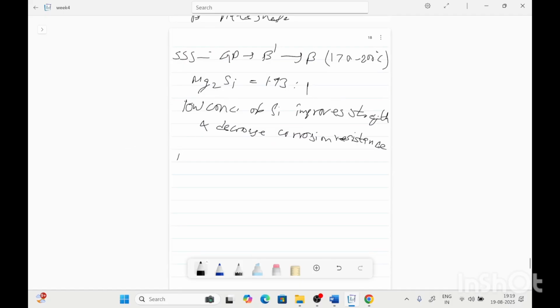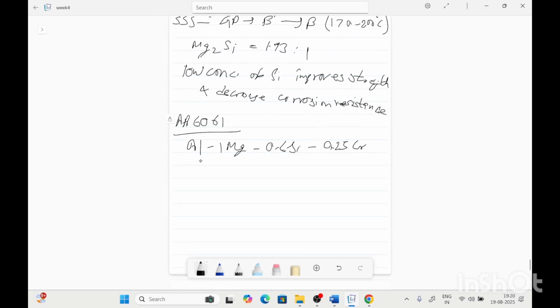Now the 6061 alloy of this same series: aluminum, 1 magnesium, 0.6 silicon, then 0.25 chromium. This alloy is used in the T6 condition and has a yield stress of 275 MPa. In the aluminum copper system, we were able to achieve 415 MPa yield strength.